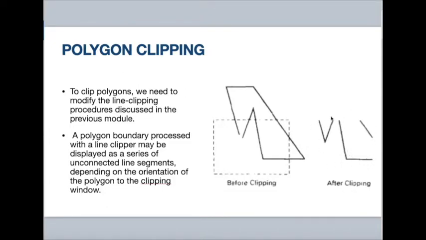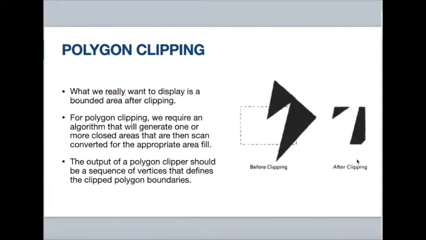After clipping, this is the figure that you get. But what we really want to display in polygon clipping is something like this. Here is an example figure: a polygon which is clipped using a polygon clipping algorithm. So this should be the figure that you get.